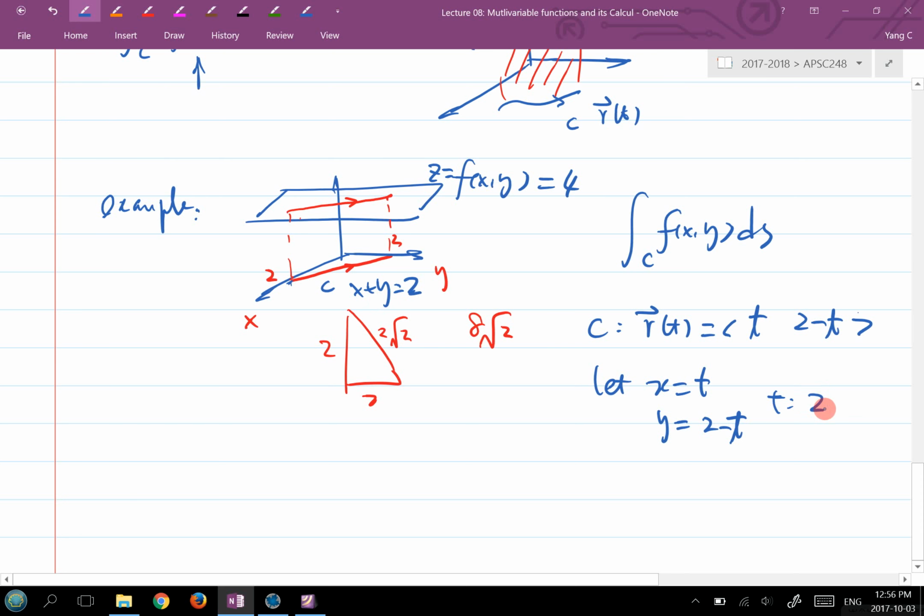And then t goes to 0. When t goes to 0, you get 0 here, 2 here, so you end up at that location. That would be the range for the t here. Good?